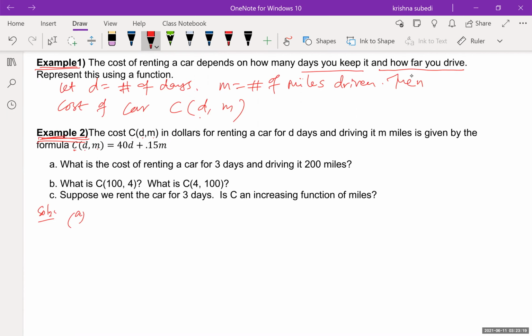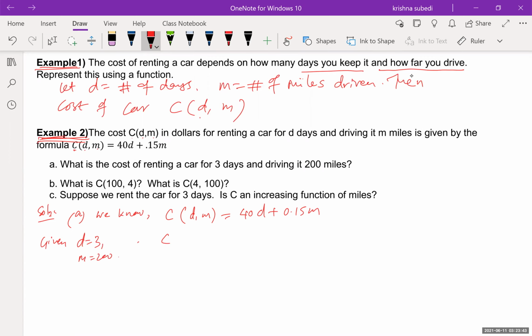Well, we have the formula, so we know C(D, M) = 40D + 0.15M. What is given here is D equals 3 and M equals 200.